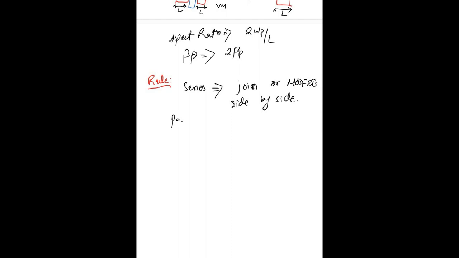And for a parallel combination, stack the MOSFETs on top of each other. Then we will get different aspect ratios that will be helpful to calculate our Vm values.